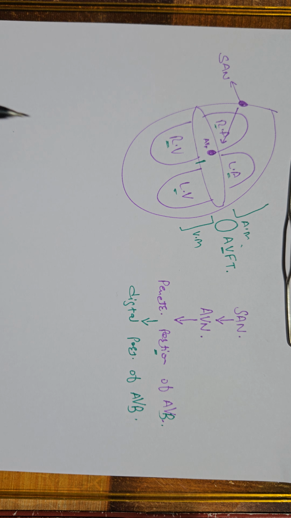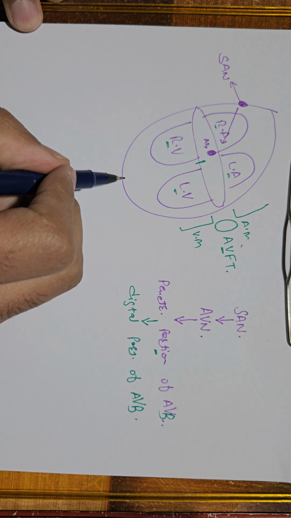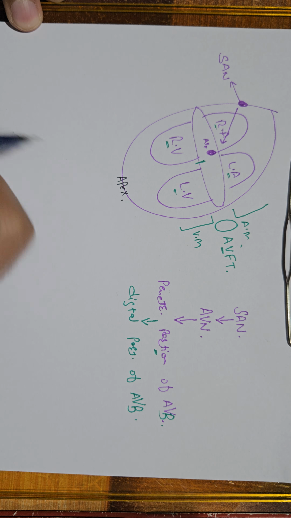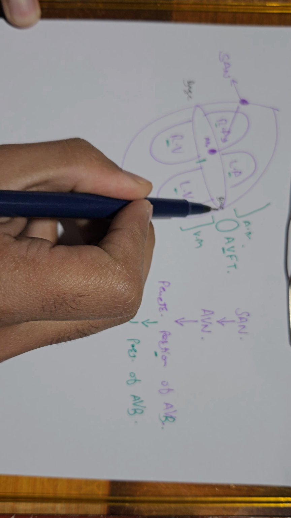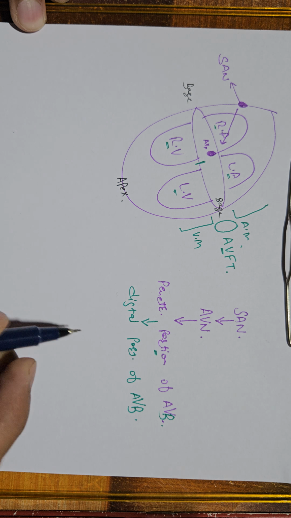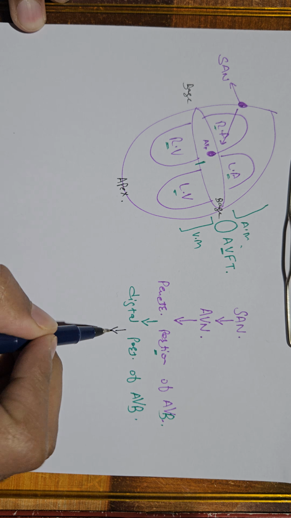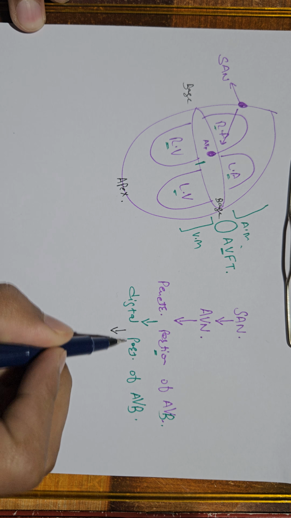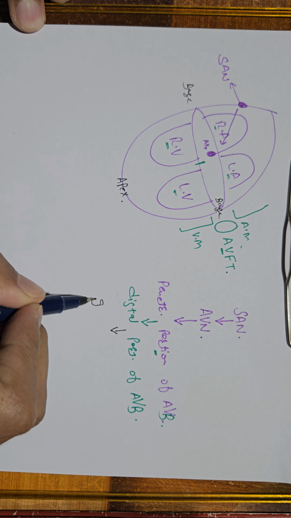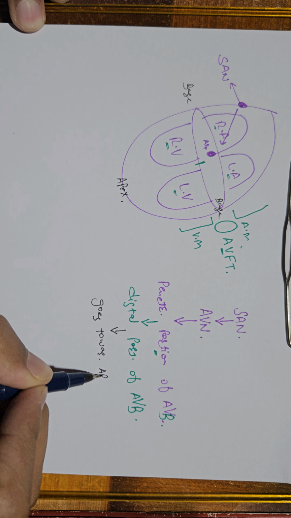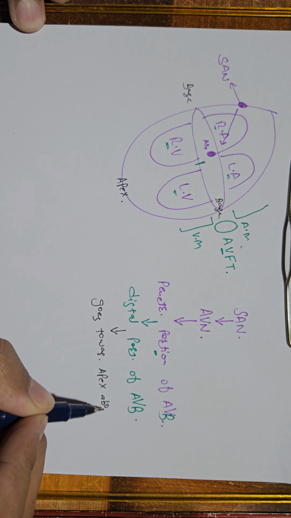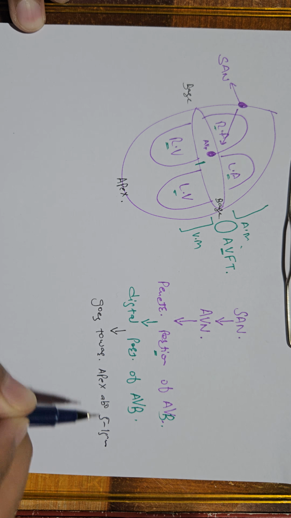This is the rough diagram of the heart, and this part of the heart is called the apex of the heart, and this right here is the base of the heart. Now from the distal portion of the AV bundle, it goes towards the apex about 5 to 15 millimeters.